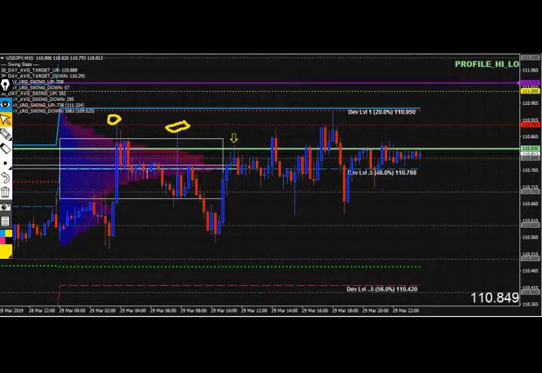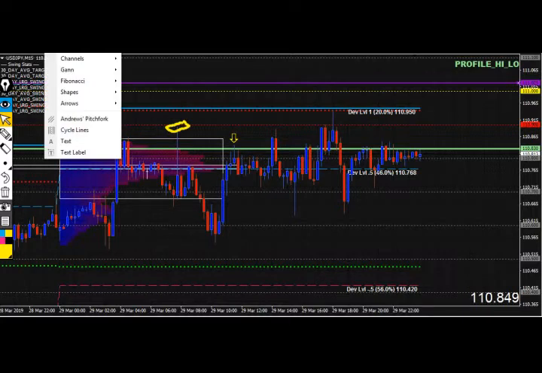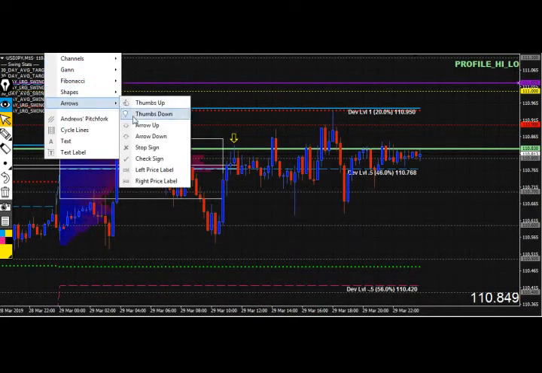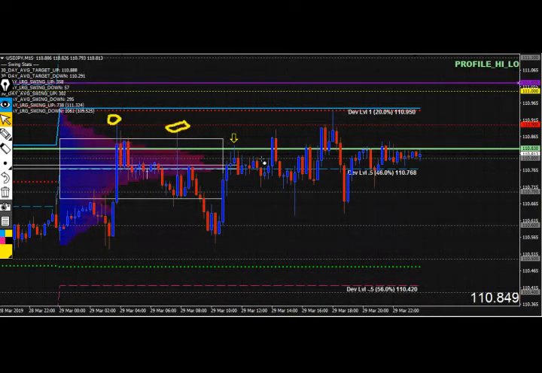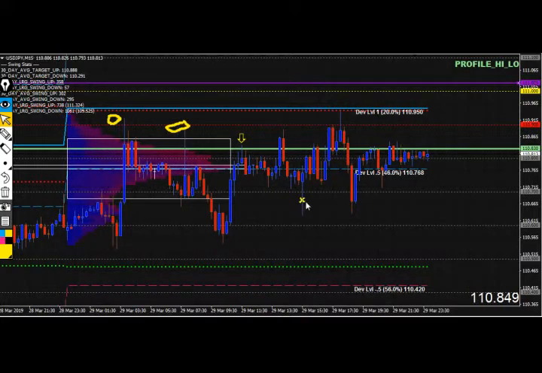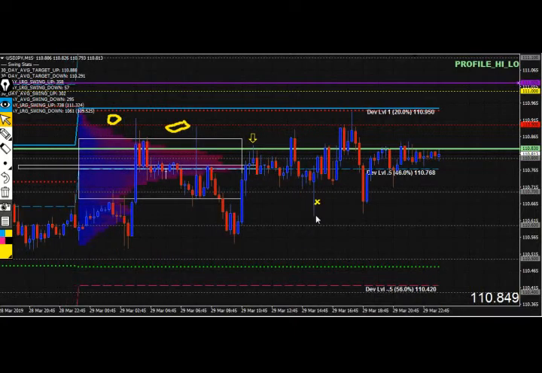And where did I exit? I got out right about there. And you can see in that same 15 minutes, see the candle just kept running.